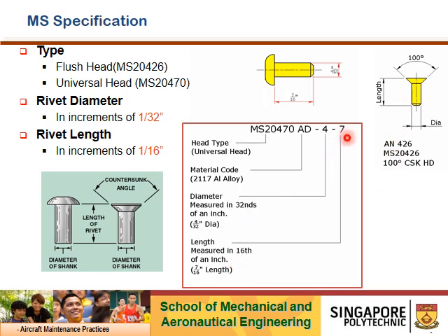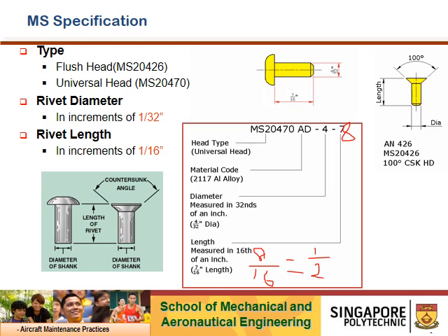All right, so if you see an 8 in this case, 4-8, if this is changed to 8, that means the length is 8 over 16. So actually the length is 1/2 inch long, or 0.5.